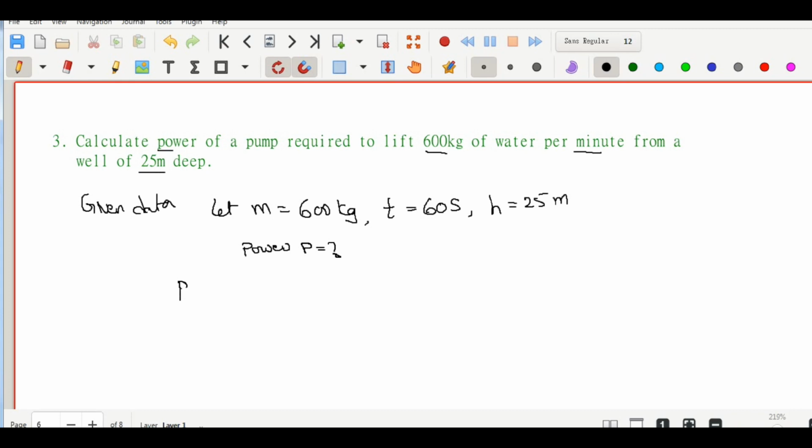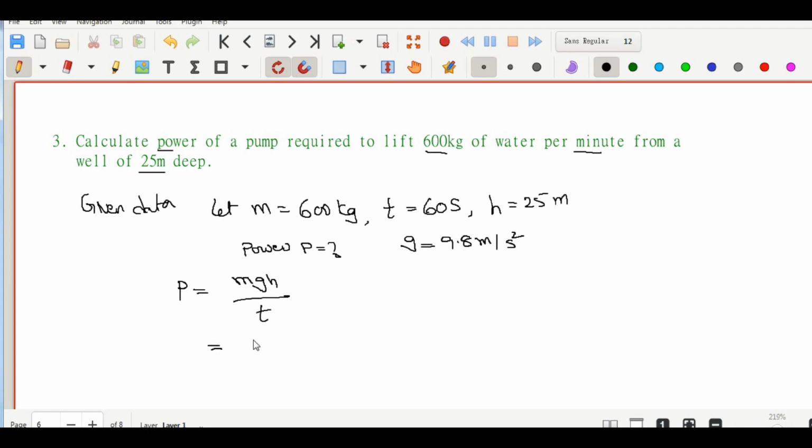The formula: power P is equal to mgh by t, but g was not given, so let g be equal to 9.8 meter per second square.